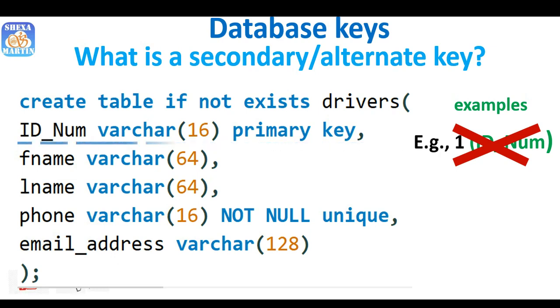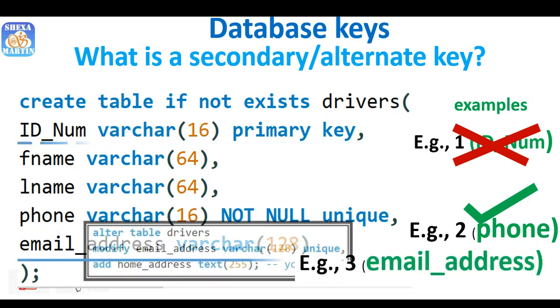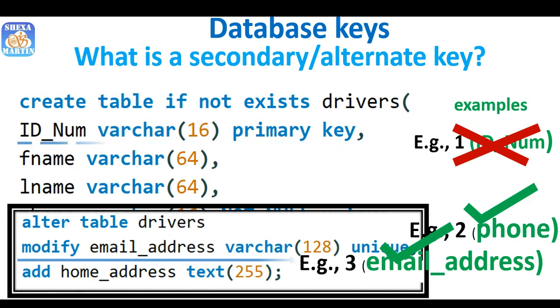So it's not an alternate key, but phone, yes, it's an alternate key or a secondary key, because we can use it as primary key in place of ID num. We can also use ID num for as long as we define it as unique. So that's alternate key for us.